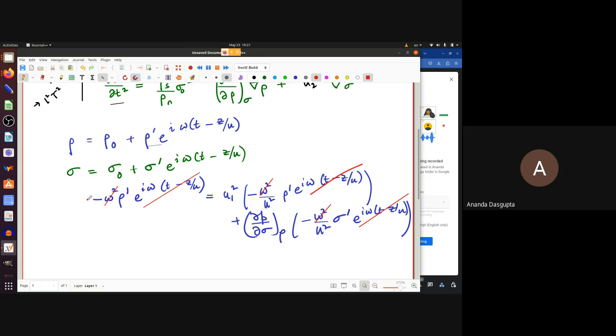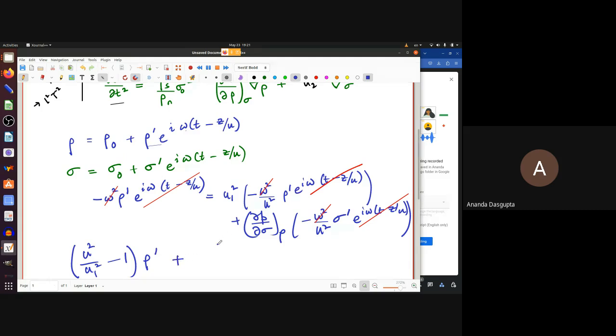Then this becomes a minus u square by u1 square rho prime, which you can bring to the other side. If you do that, this equation will become u square by u1 square minus 1 from this, rho prime.